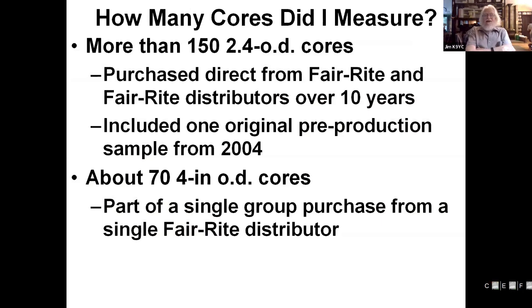They included the original pre-production sample I had from 2004 that Ferrite sent me when I said I really would love to have a toroid of that new number 31 material. And then about 70 of the large cores. These were all purchased as a single group purchase from a single Ferrite distributor.